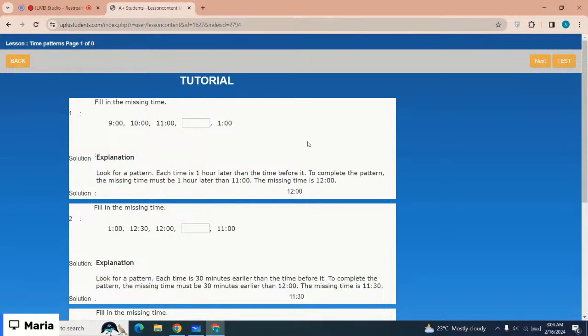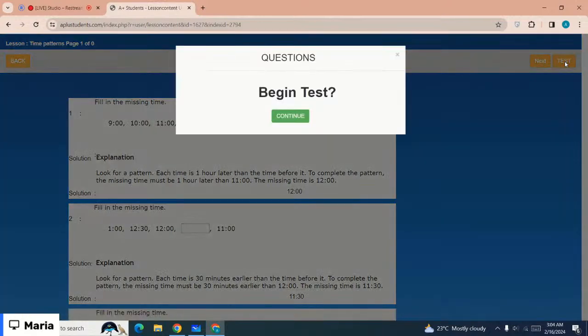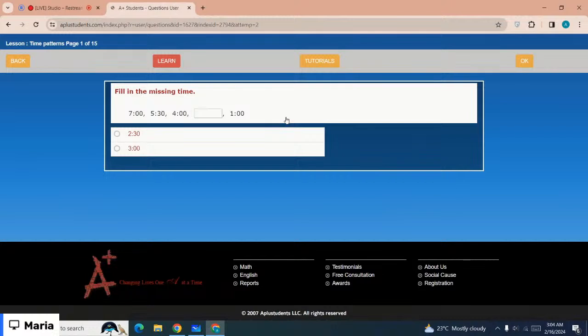Let's just start with the test questions. Fill in the missing time. 7, 5:30, 4, the missing one, and then 1. You have to find the time pattern, right? The time pattern is you need to see how the time is changing.